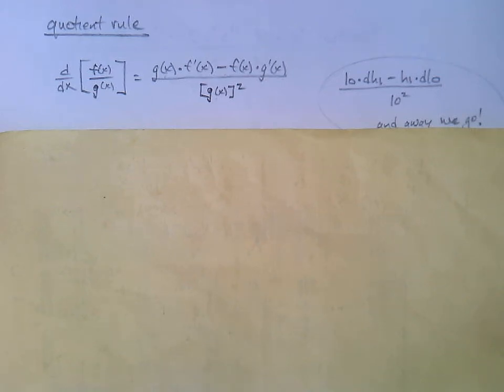Now I'm not going into any explanation behind the product rule or the quotient rule. We got a lot of explanation for those previous rules. If you're curious about why the product rule is what it is, like how would you prove it, or why the quotient rule is what it is, certainly you can come and talk to me about it, or these things aren't difficult to Google if you'd like to know those.